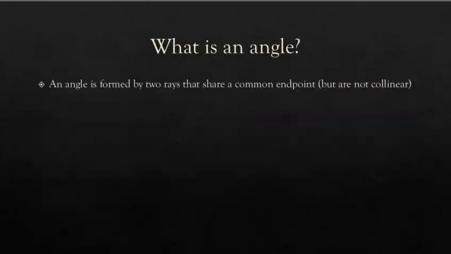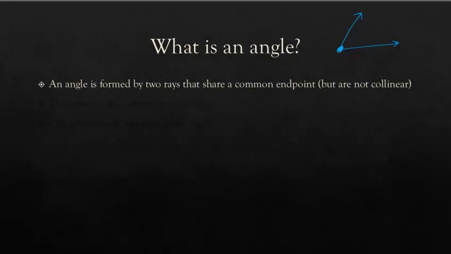An angle is formed by two rays that share a common endpoint, but they're not collinear. Here is my first ray. This is the endpoint, and it goes in this direction. If I had a collinear ray, it would be right on top of it, but that's not one to form an angle. If I have a different ray that starts here and goes this way, now I have a common endpoint, but two different rays.